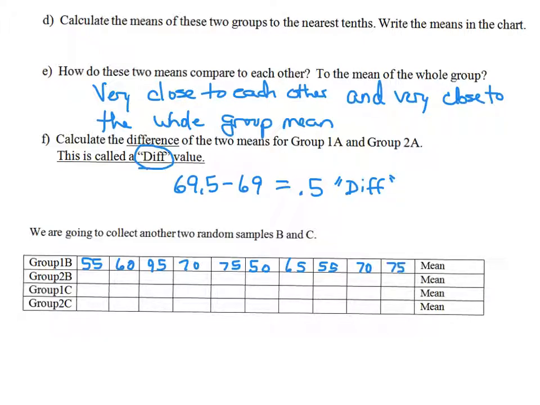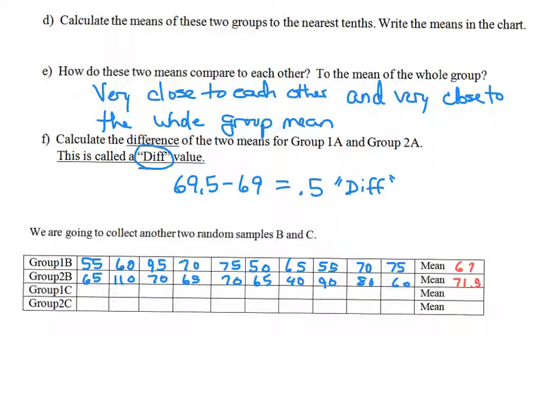Now when I did that, that left me with these numbers: 65, 110, 70, 65, 70, 65, 40, 90, 80, and 60. So again, pause the video and find the mean for each of those lists, each of those groups. One mean for group 1B, the other mean for group 2B. So I got the means 67 and 71.5.